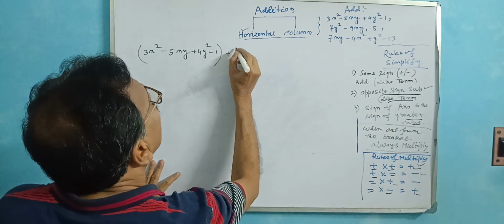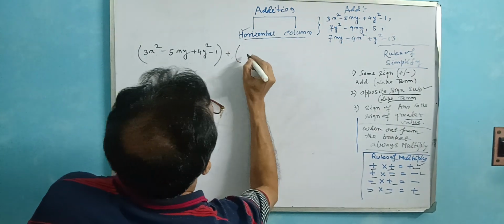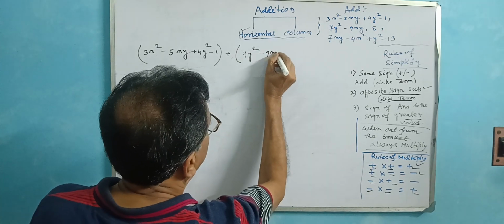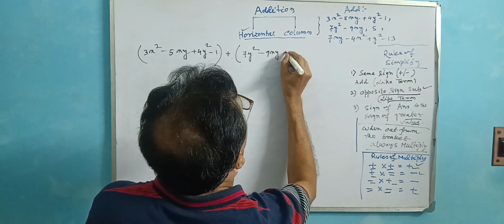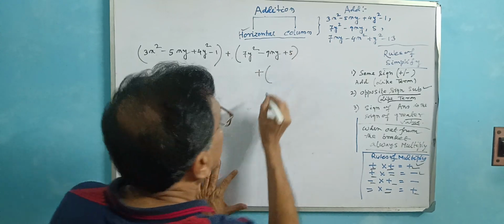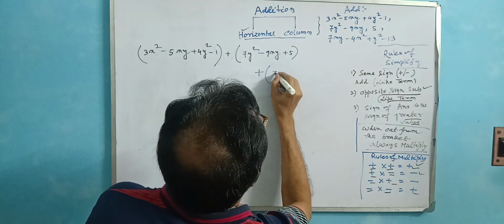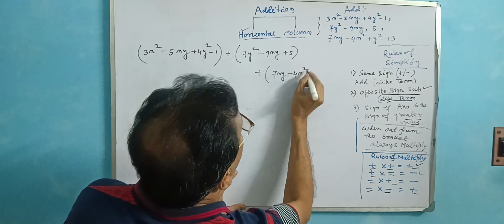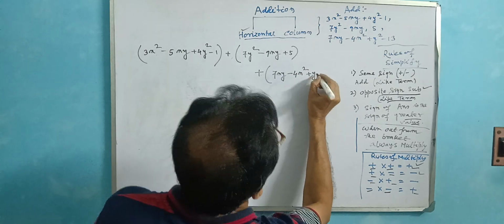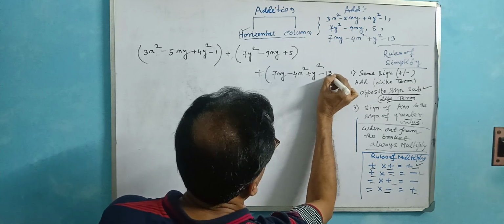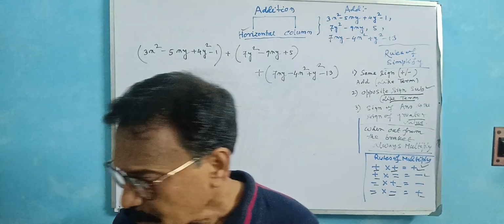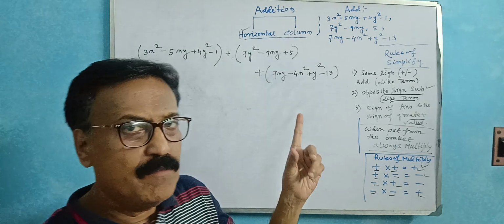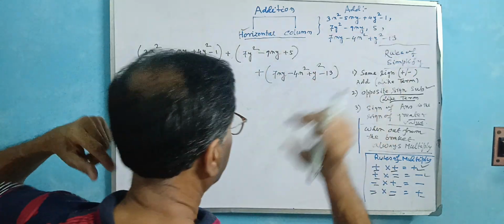Add, so the sign is add, bracket 7y square minus 9xy plus 5, and add, bracket 7xy minus 4x square plus y square minus 13. So this is the given sum, and I add it in the horizontal process first.